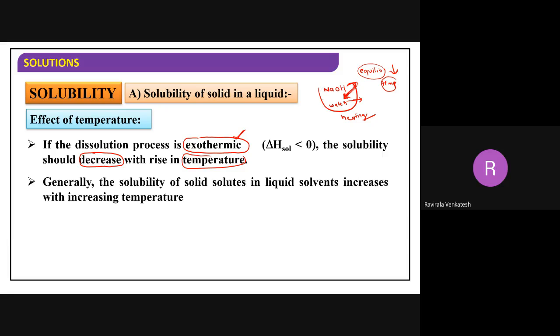Which one is correct, beta? Addition of NaOH in water is an exothermic process. In an exothermic process, heat will be released and temperature will increase. So on adding NaOH to water, the temperature will increase because it is an exothermic process.